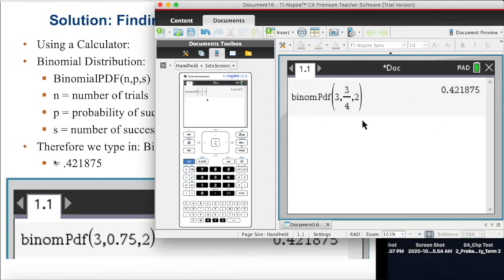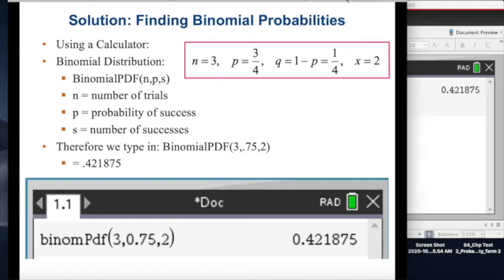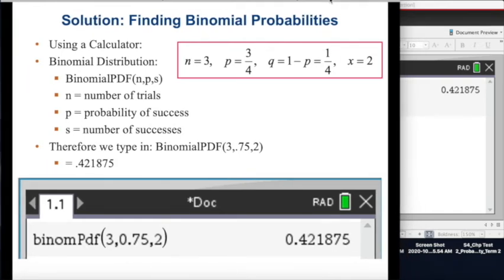The probability of having 2 successful surgeries in 3 trials is equal to 0.422, because usually they ask for 3 significant figures. As you can see, using technology is much easier than using the tree diagram or using the formula.